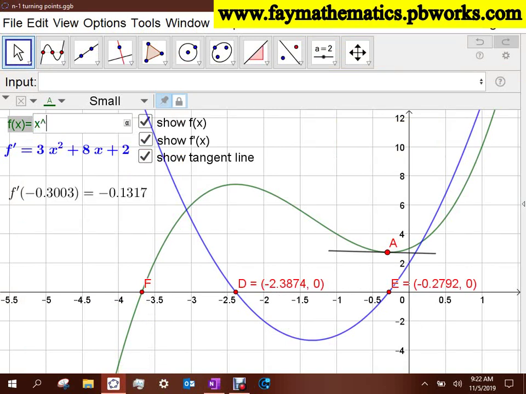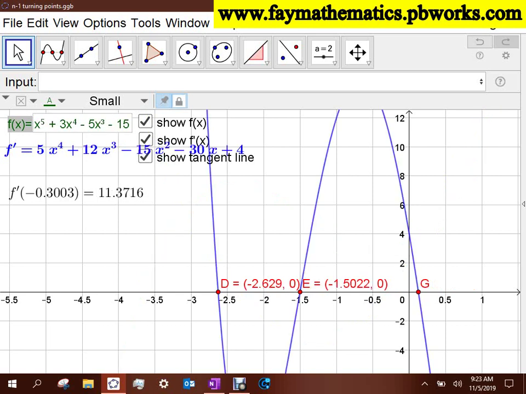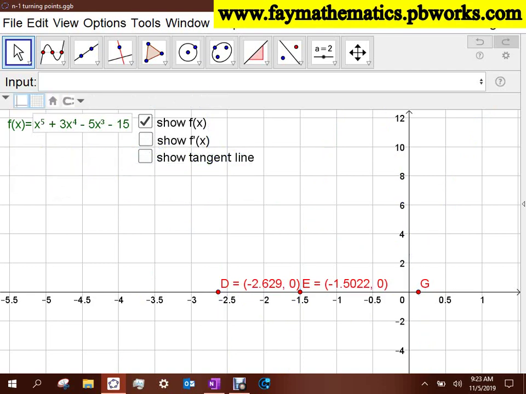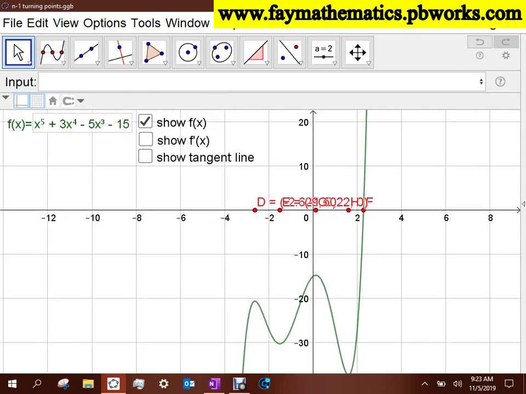All right, so x to the fifth plus 3x to the fourth minus 5x cubed minus 15x squared plus 4x minus 15. We'll zoom out.